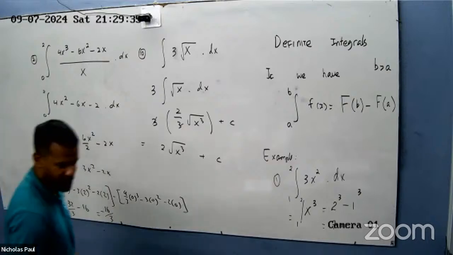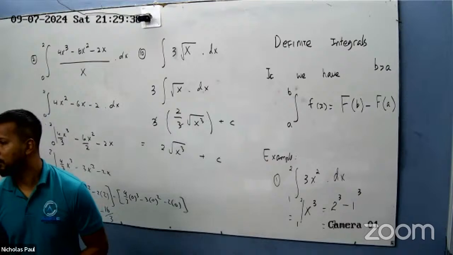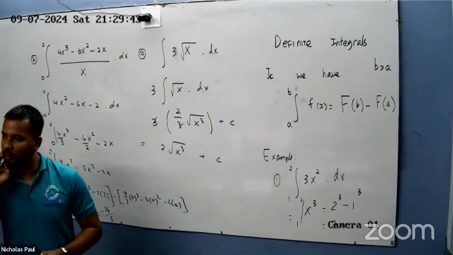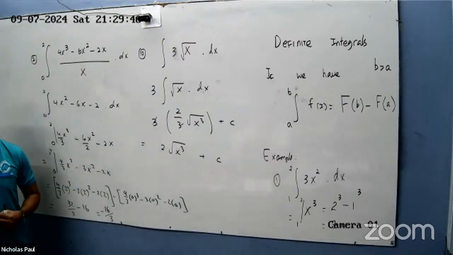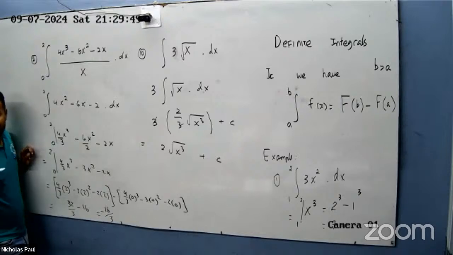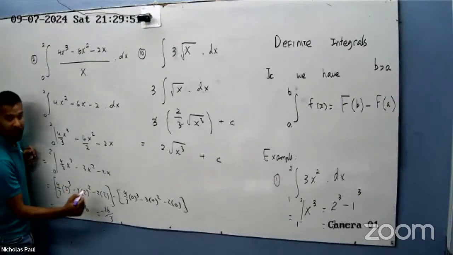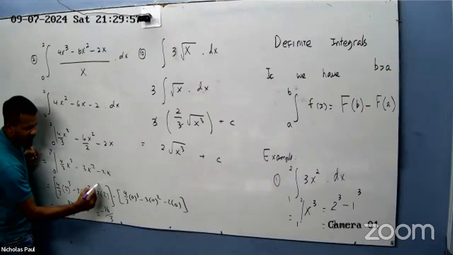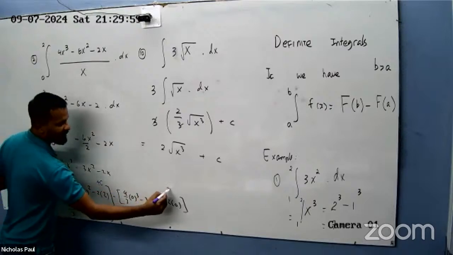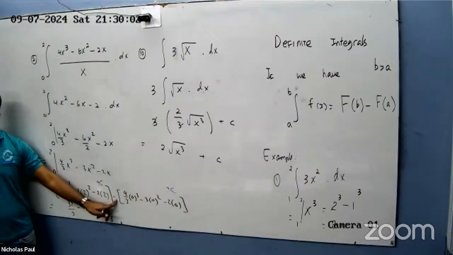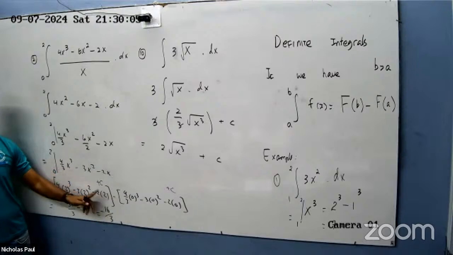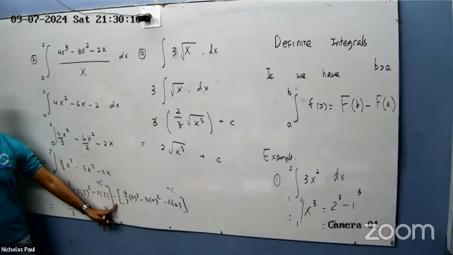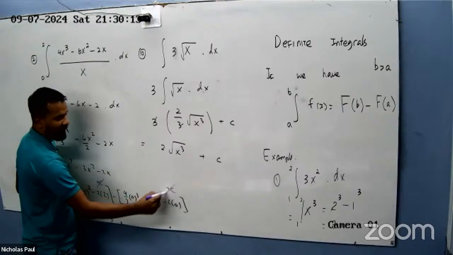Just imagine, right? What you see here. If I write plus C here and I write plus C here, what will happen to the plus C from here and the plus C from here with a minus sign in the middle? Cancel out, right? So there is no need to write it.